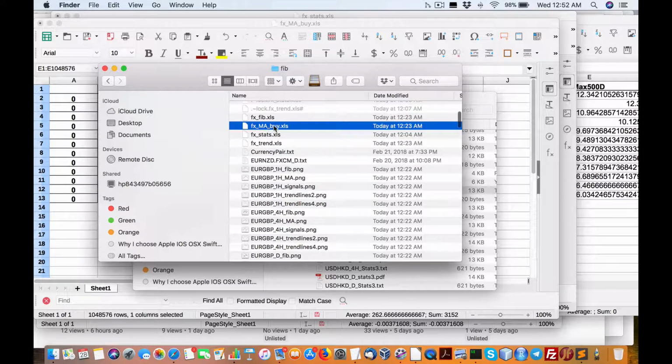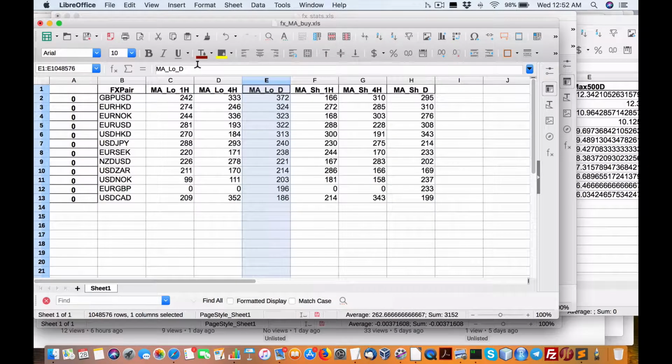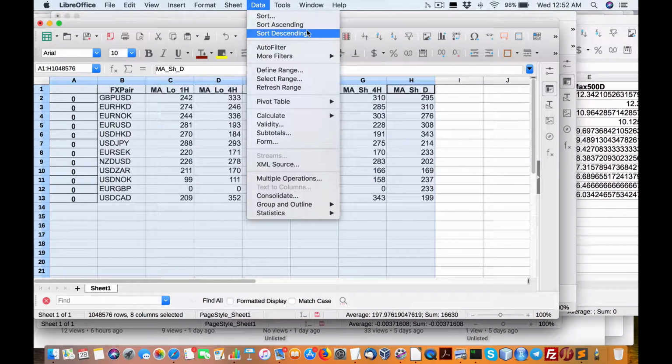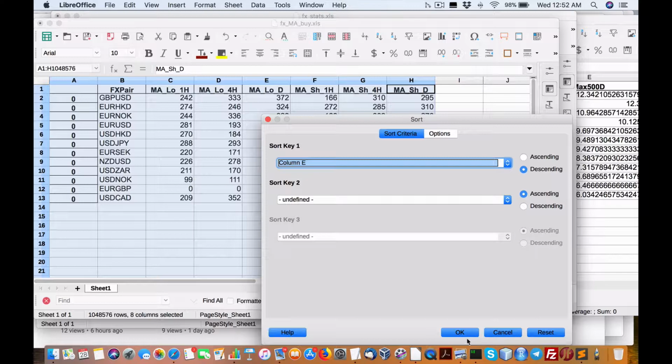Hopefully this will work. I don't think we can. No. Okay, no problem. Let's just do it this way. So we're going to do a sort on column E. Sort column E descending.